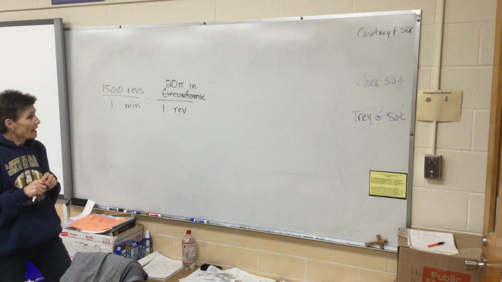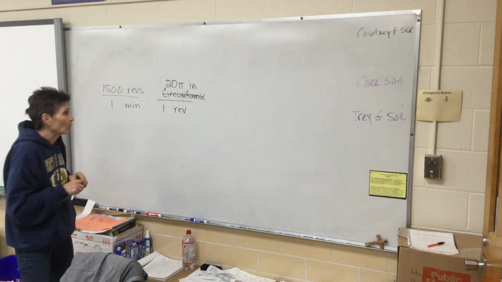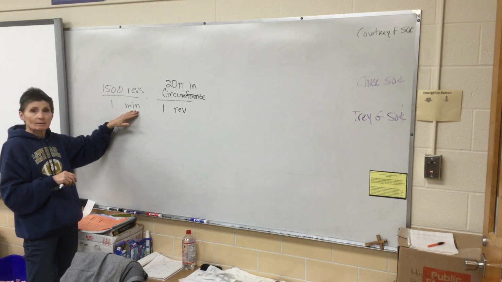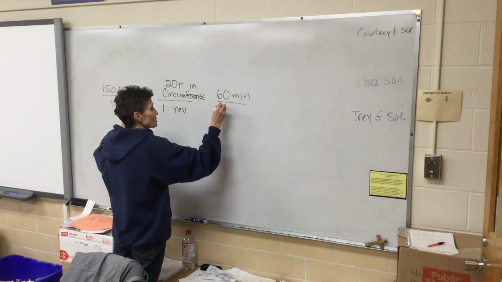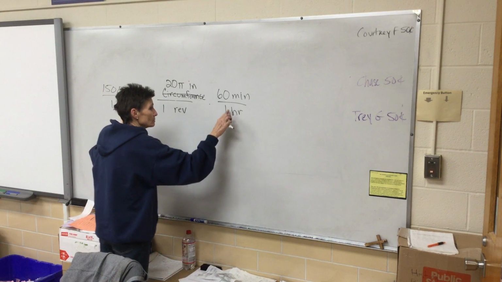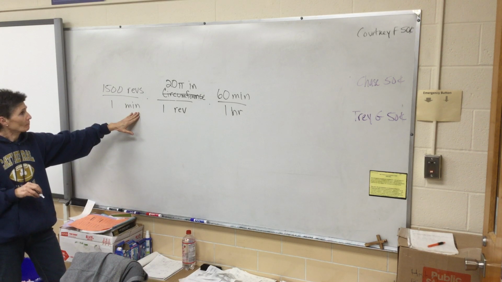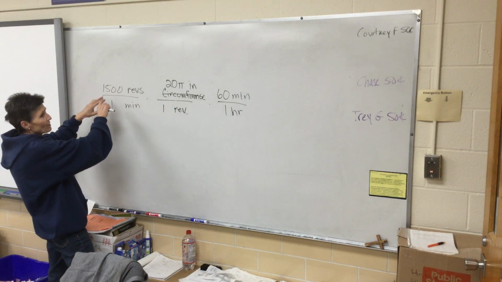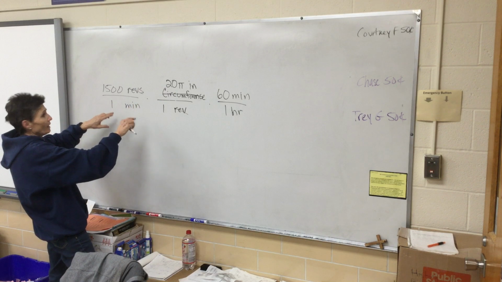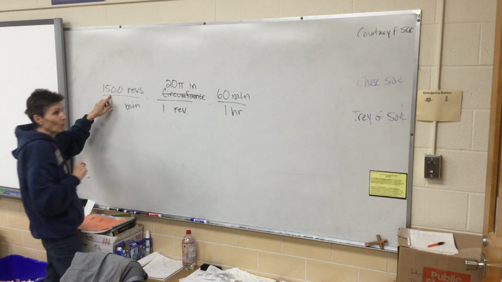Okay, now, I need 8 hours. Well, I've got minutes here, so let's say 60 minutes is 1 hour. Would you agree with that? So if I multiply, let's see, my revolutions are gone. Right now, I know that I'm going that many inches in an hour.